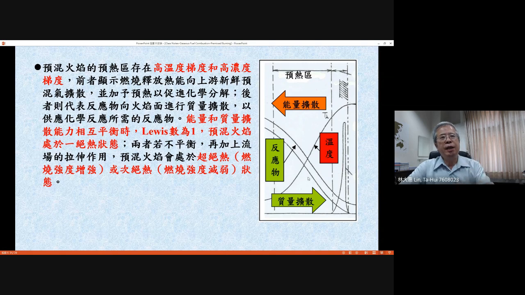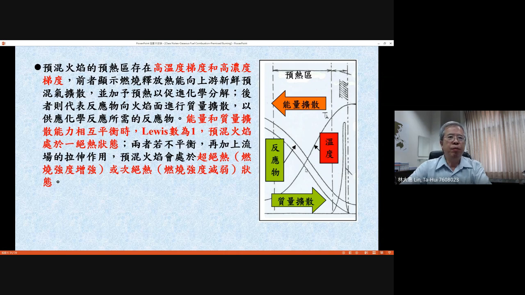As you look at this temperature variation in the preheating zone, you see there is a so-called temperature gradient, right? When you have a temperature gradient, you think about the important diffusion transport that needs to be considered in the preheating zone. This kind of diffusion transport we call thermal diffusion or heat diffusion, described by Fourier's law.